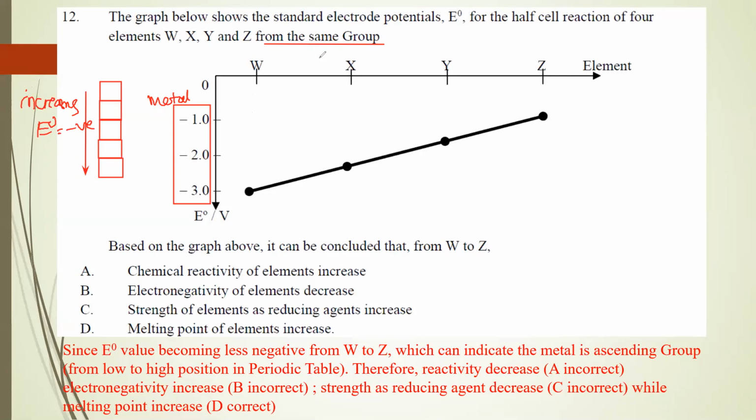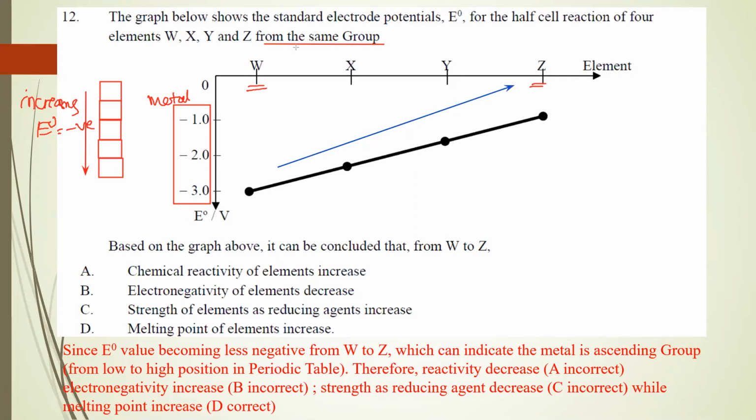So in this case, they are now showing from W to Z is decreasingly negative. So the trend will go the other way around, will go up the periodic table.